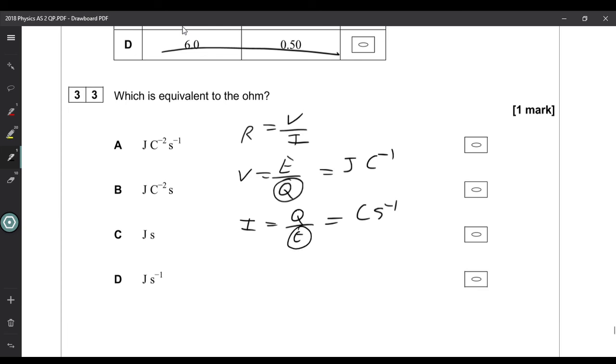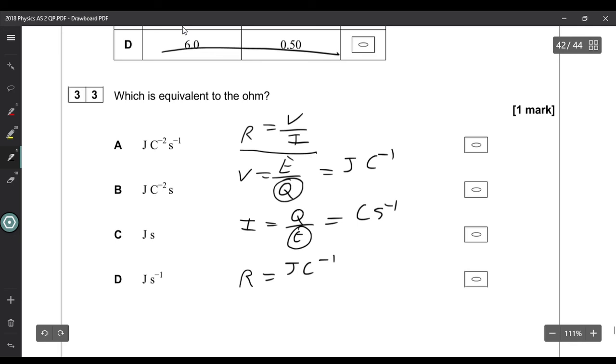So if we substitute both of these into our equation for resistance, we have R equals J C to the minus 1, which is the units of voltage, over C s to the minus 1, which is the units for current.